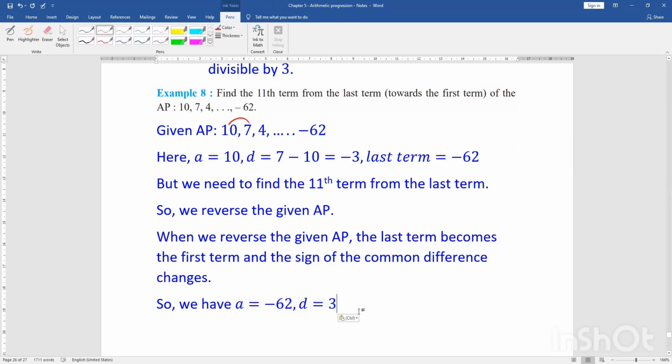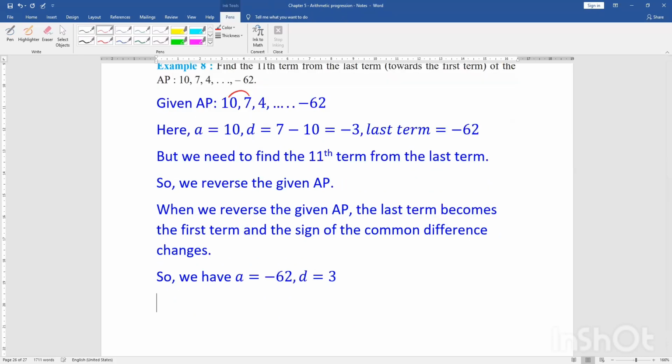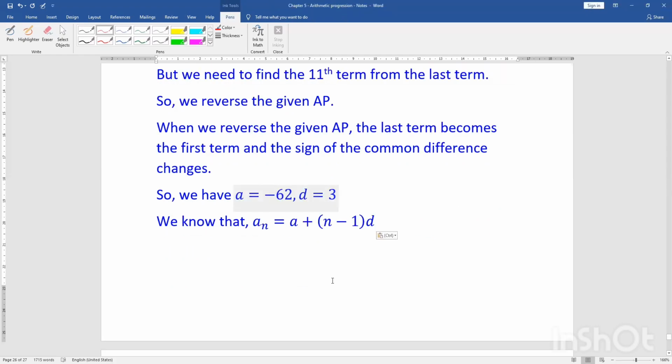Next, what you have to write down. We know that a_n equals a plus (n minus 1) into d. Now we need to find a_11, correct, children?